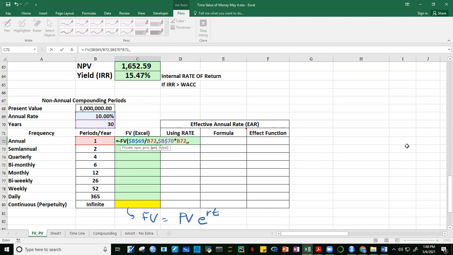So, comma, present value. 1 million. Tapos anong gagawin natin sa 1 million? Fix din natin. No? Kasi dapat, pag kinapin natin yung formula, dapat andyan lang siya sa 1 million. Okay. Sige. Control-Enter. Control-Enter ko muna.